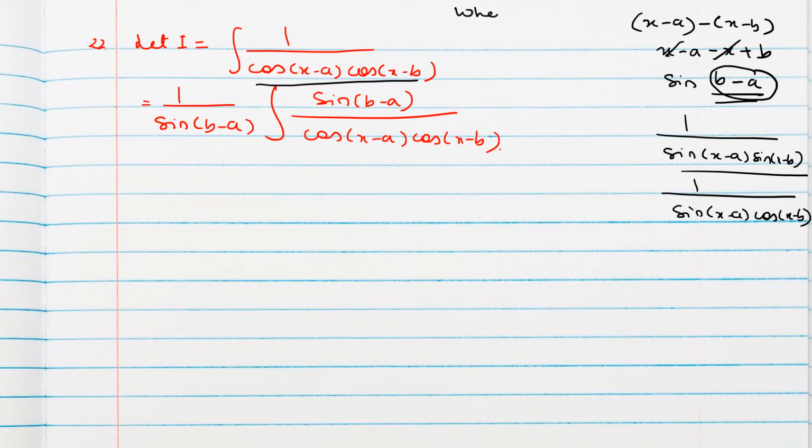When both are cos, both sine, then multiply and divide by sine of b minus a. Okay. Angle you will get here, sometimes x minus b will come and x minus a, so that time this order will change, a minus b, but the thing is you need to divide and multiply with sine. Okay. If one sine and one cos, then you need to multiply with cos of the angle, here in this case cos of b minus a.